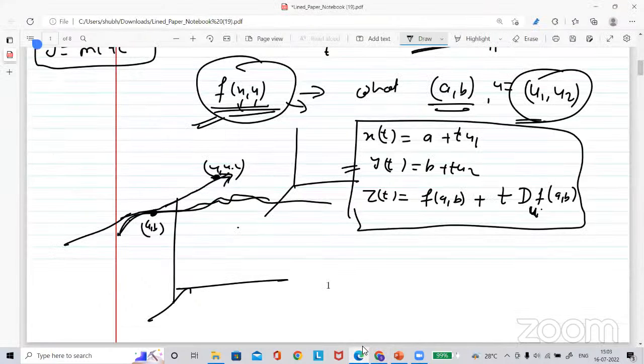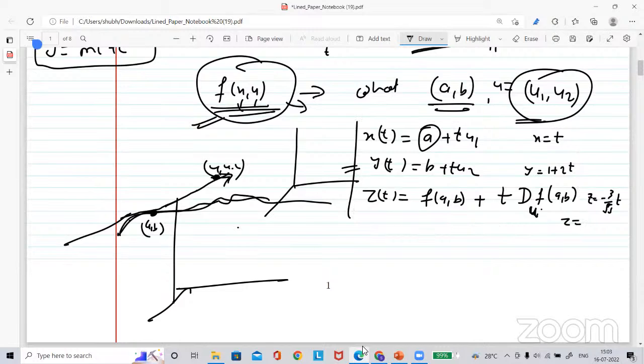You can see that we have x(t) = t, y(t) = 1 + 2t, and z equal to minus 3 by 5 root 5 t. Can you compare here what is going to be the direction? It is from a here, 0 and u1, 1? Yes.